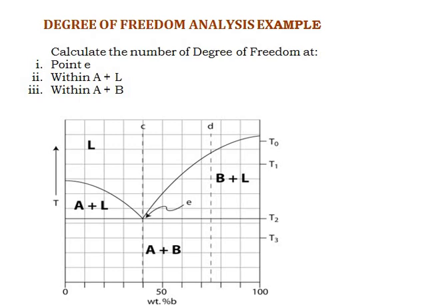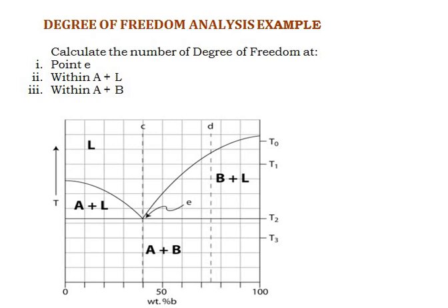This plot is similar to a binary phase diagram, so we can infer that we have two components, and the number of components and the number of phases are quite relevant in this calculation of the number of degrees of freedom.